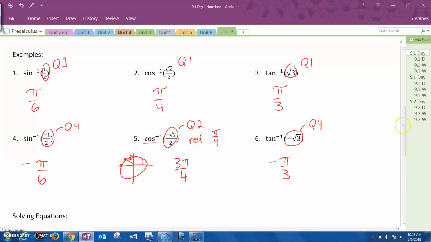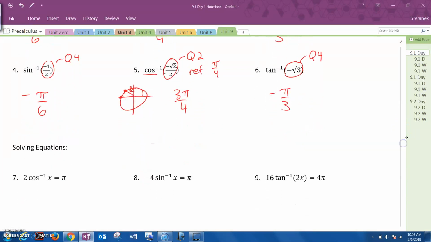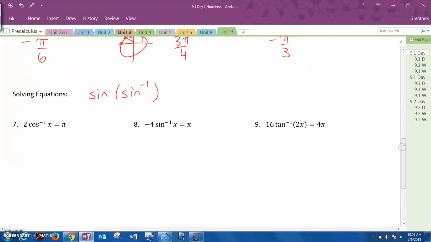The last thing we're going to do is solve equations. To solve equations, remember that sine kind of undoes a sine inverse. For example, if I'm solving this, I'd first divide by 2. So I have cosine inverse of x equals pi over 2.